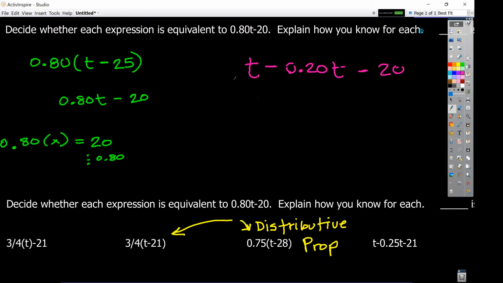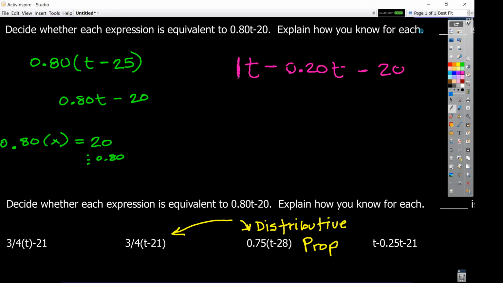You may be able to see it or do it in your head using mental math. But remember, whenever you have a variable like this one, t, with no number in front of it, you can automatically assume it's a 1, okay?